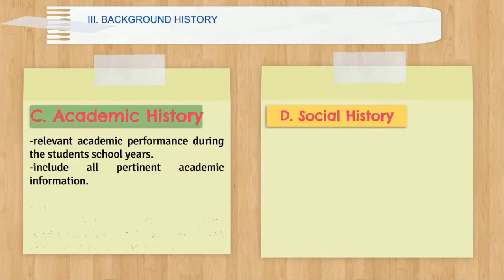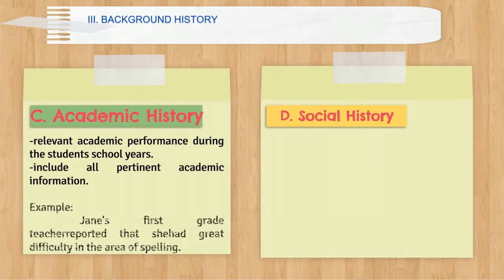It includes all pertinent academic information such as past teacher comments, grades, attendance, and etc., and leads the reader grade by grade in establishing a pattern of concern. For example, Jane's first grade teacher reported that she had great difficulty in the area of spelling.